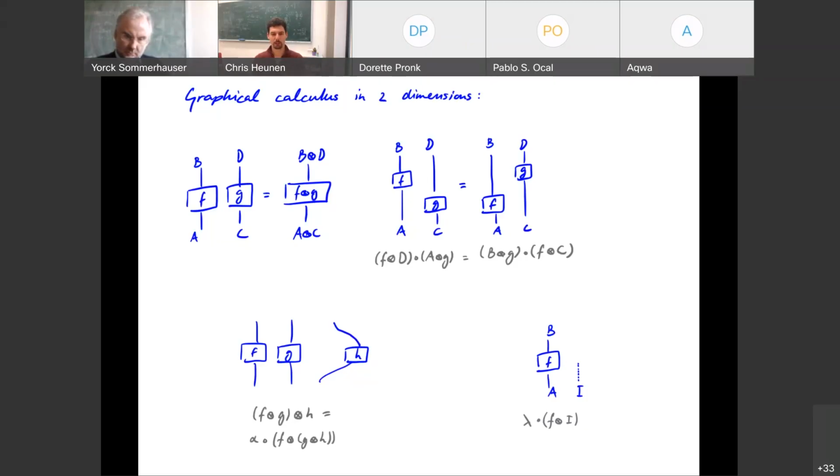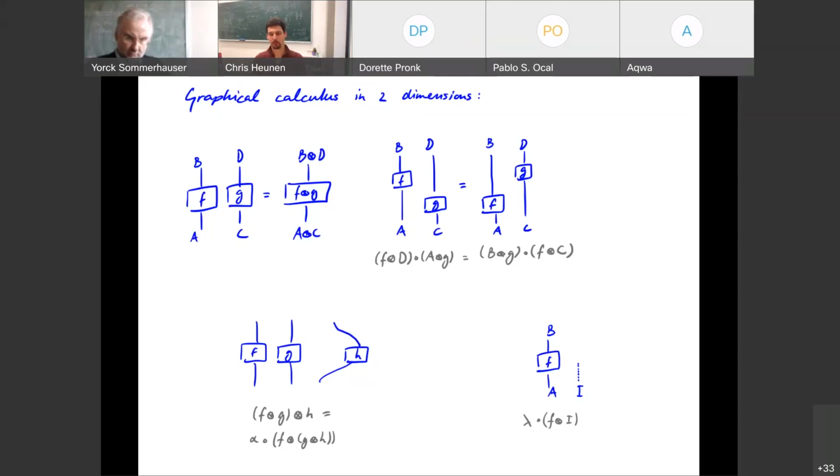So graphically, if I have a map F from A to B and a map G from C to D, I can put the objects together to A tensor C and B tensor D. I can put the morphisms together, get F tensor G. And we'll draw this as literally F next to G, as in the top left picture here. So what that means is, if I look at, for example, the bifunctoriality law, a special case where 2 of the maps are identities, is this gray equation on the top right there.